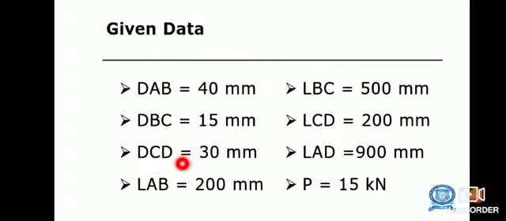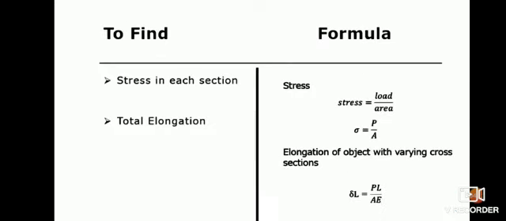Length of AB is 200 mm, length of BC is 500 mm, length of CD is 200 mm. Length of AD, the total length of the bar, is 900 mm. Load P is equal to 15 kilonewton.